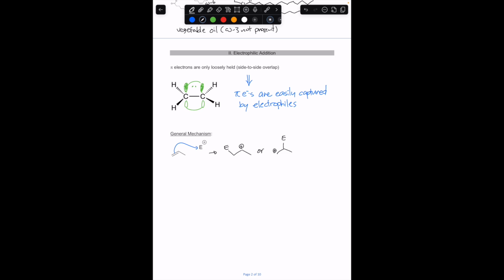But depending on where the electrophile ends up, the carbocation can form either at the more substituted carbon or a less substituted carbon, and then you could probably guess which is more preferred. Because carbocation is severely electron deficient, it's better if it's surrounded by more electron-rich atoms like carbons. So the more substituted carbocation is more preferred. So this less substituted version does not form.